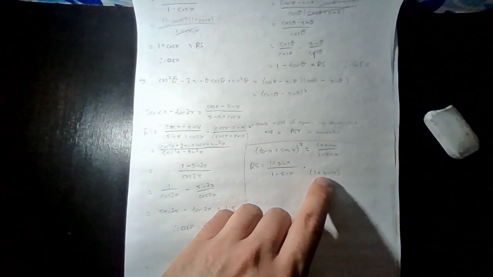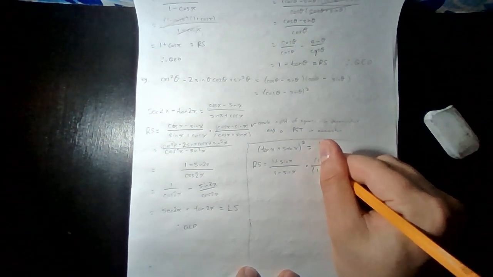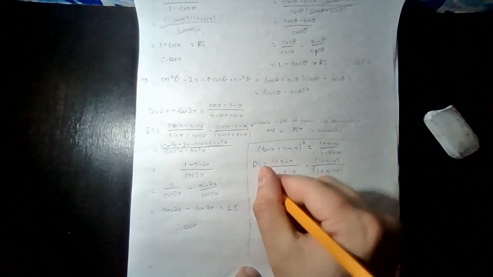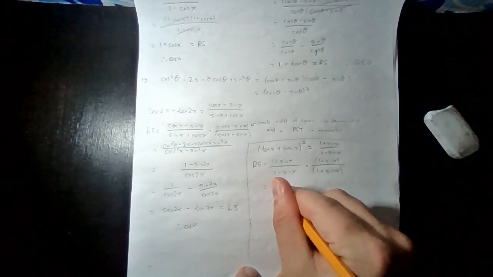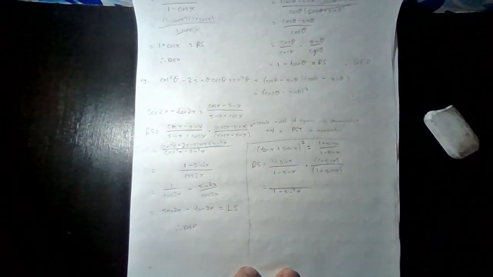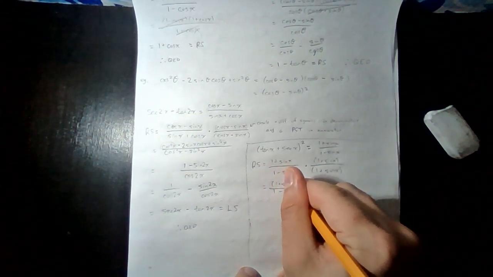So you're basically multiplying by the same thing, but with a different sign in order to create that difference of squares. So I'll multiply both the top and bottom by 1 plus sine x. And so in the denominator, we're going to get a 1 minus sine squared x because it was a difference of squares. And in the numerator, we have a perfect square, 1 plus sine x squared.